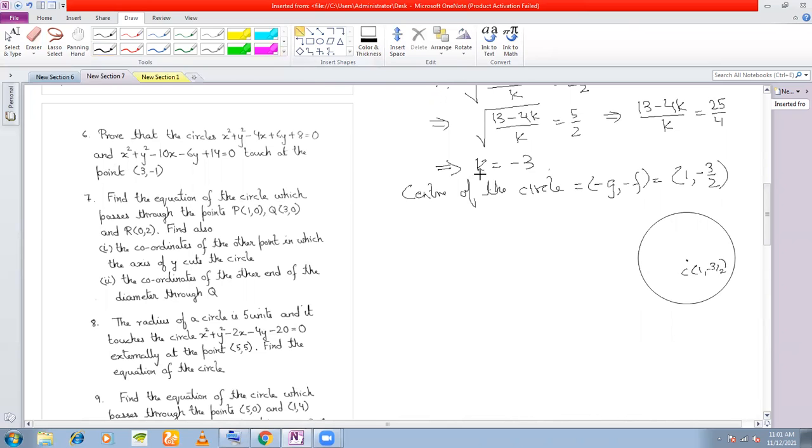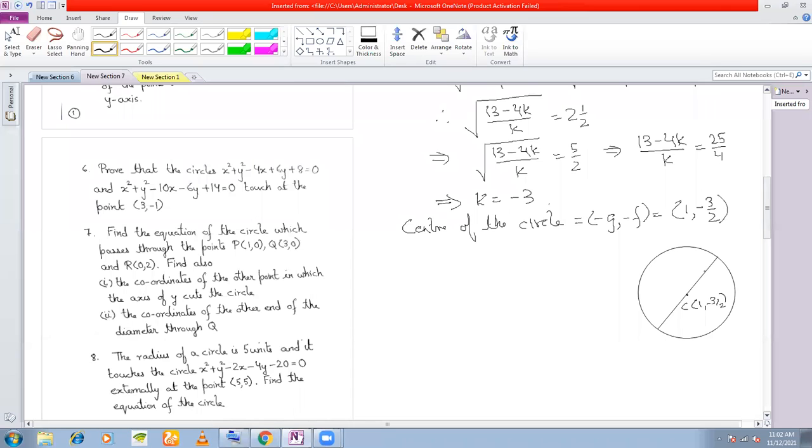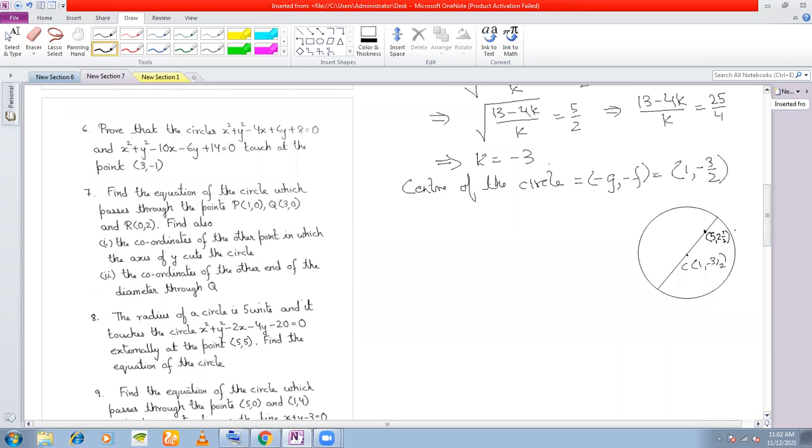You have to find the diameter of the circle. Let's say this is the diameter, which passes through the point 5, 2.5. So what should be the equation of the diameter?